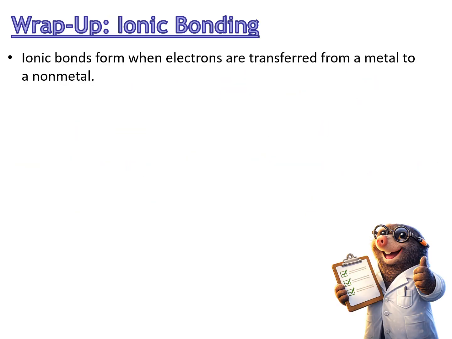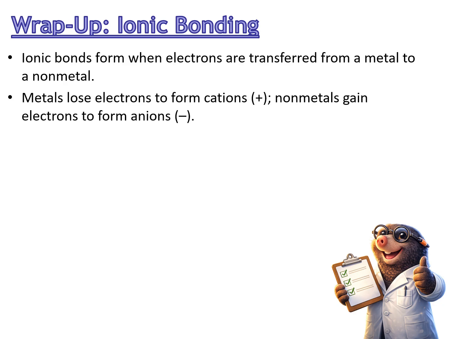All right, so that was it for sort of an introduction to ionic bonding. So one of the key things to remember from this is that you get an ionic bond when you transfer electrons from the metal to a nonmetal. When you lose electrons, you form cations.